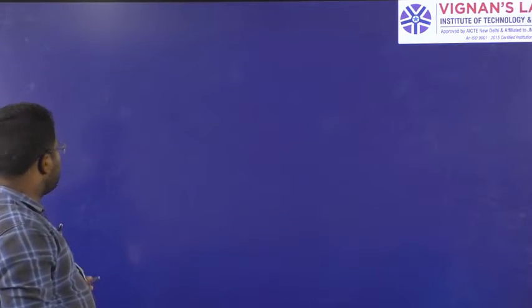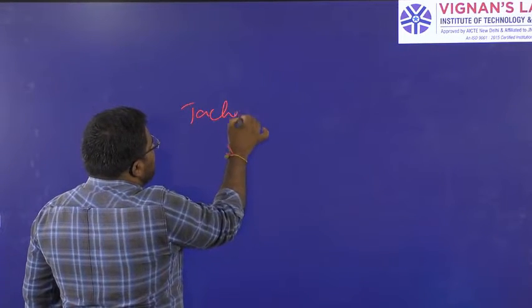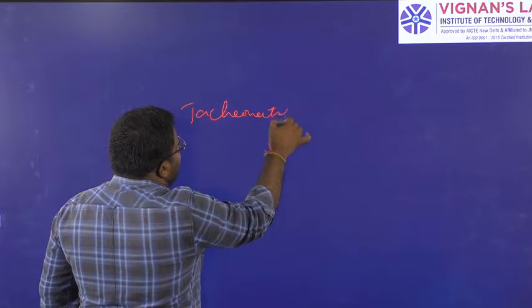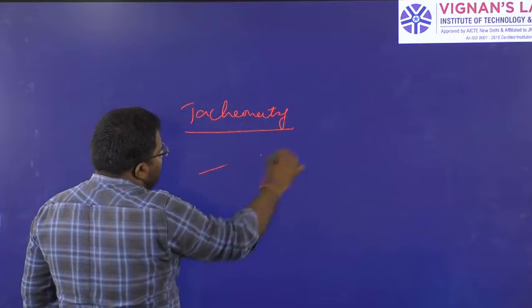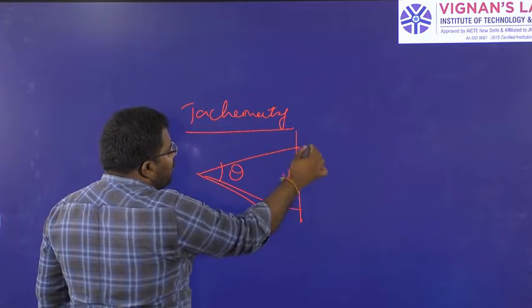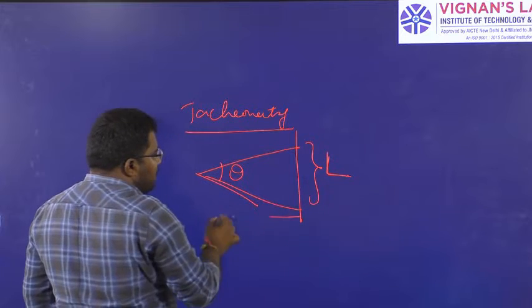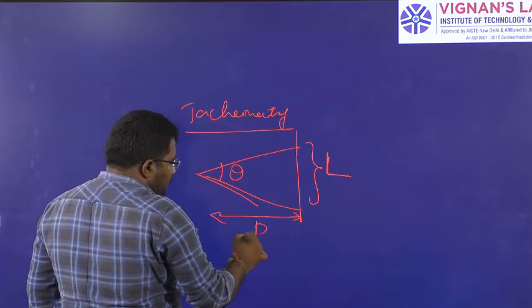Up to now we discussed what is meant by tachymetry. Tachymetry is a type of surveying where we take only the theta values, that is angular values, and find out the vertical height or elevation and also the horizontal distances.